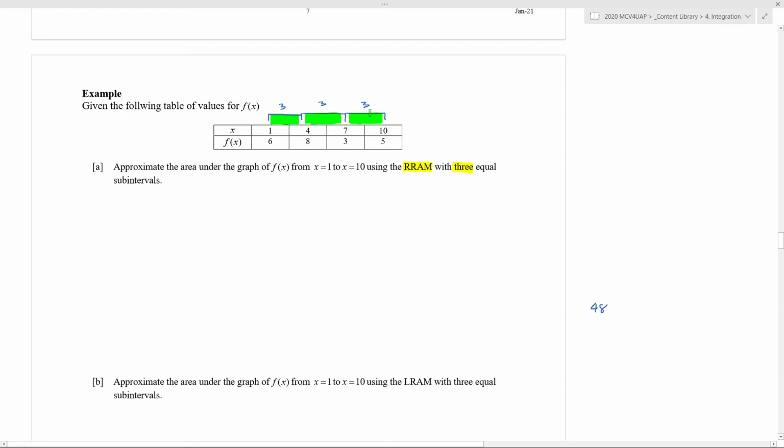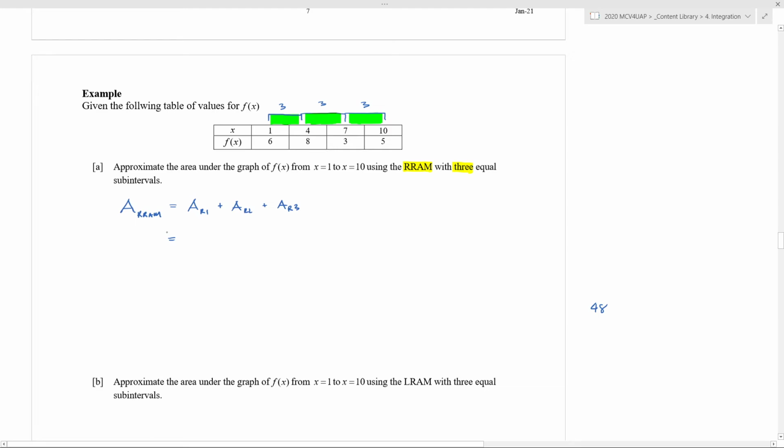So an area approximation using RRAM, what you're trying to do is visualize that you've got 3 rectangles. So I'm going to add up the areas of my rectangles, and there's 3 of them. The area of the first rectangle.